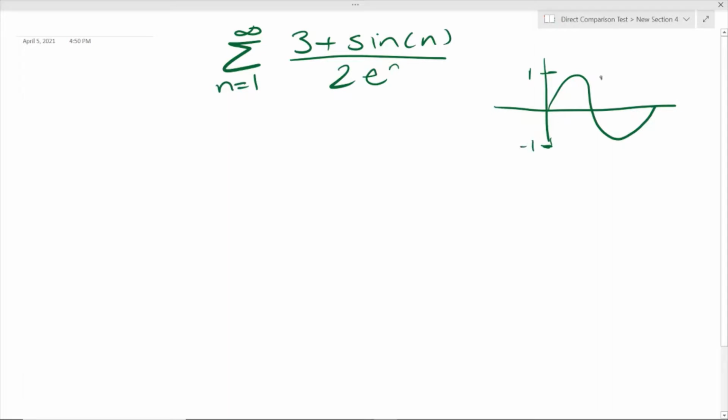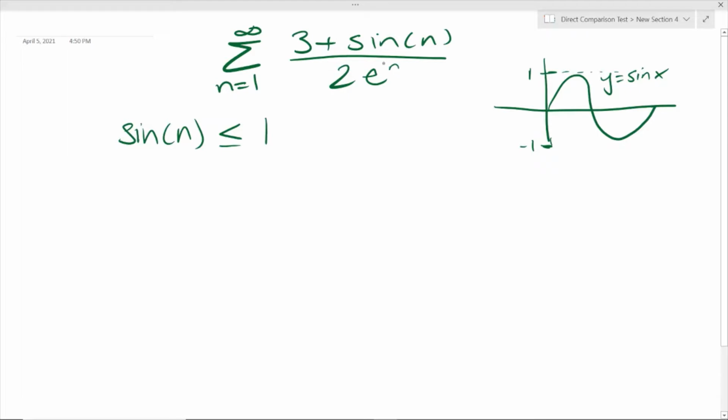The graph of y equals sine x is always between 1 and -1. You can see that. So it is apparent to us that this sine n can't exceed 1. It cannot exceed this 1. So if it cannot exceed this 1, this is telling us it has to be less than 1, and it can also be equal to 1, so you can include that. So that's what this sine n means.